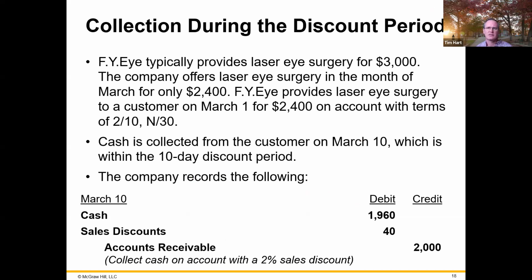So a collection during this discount period: we sell this eye surgery, 3,000, 2,400 during the month of March, sell it to a customer for 2,400, 2/10, n/30. Cash is collected on March 10th, which is within that 10-day period. So I'm going to record it as cash 1,960, a sales discount of 40, an account receivable of 2,000. So these debits equal the credit.